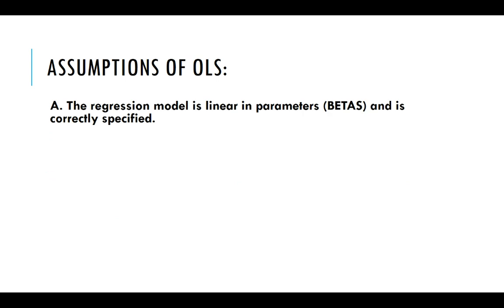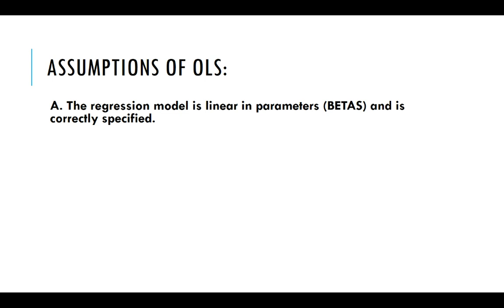For example, the first assumption says the regression model is linear in parameters and is correctly specified. So there's two things going on there. The model is linear in parameters, and then the second thing, it's correctly specified. So let's start by focusing on the first part, linear in parameters.